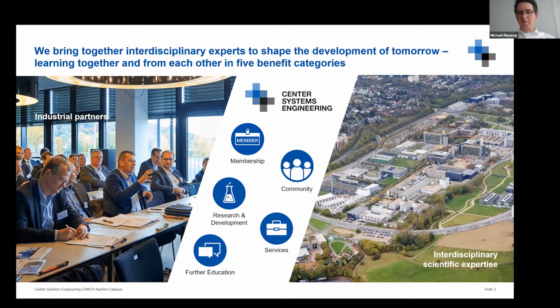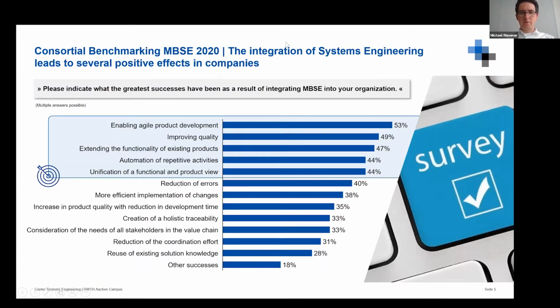And what we have seen in our results. So if you just compare this to our result, we included some more answer possibilities. But the greatest success mentioned by our group was also enabling agile product development.